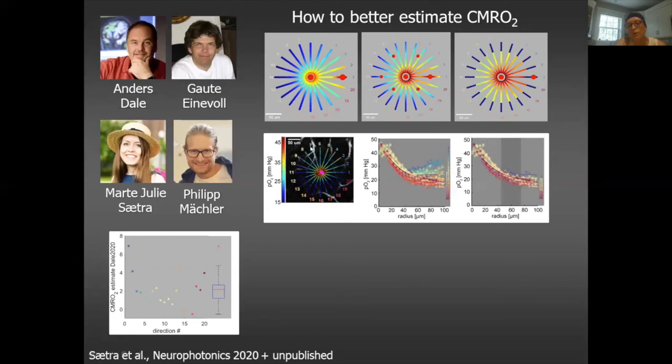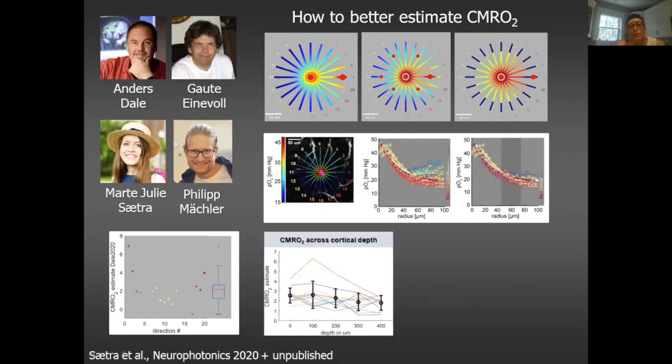So there are capillaries on one side, no capillaries on the other side, and this is why these gradients behave differently. But using this type of ground truth simulation platforms, we can train our data analysis tools to choose directions that we can use for this type of estimation.